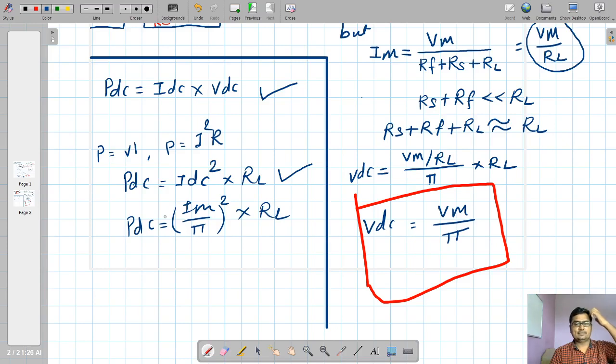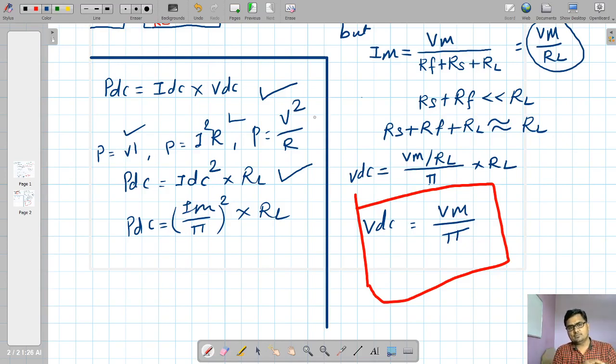Right? So it is this form. You can use P is equal to VI or I square R, no problem at all. Otherwise, we have another form, that is P is equal to V square divided by R. That's what it is. We have three forms. Depending on the given data, whichever one is suitable, we can go for it.